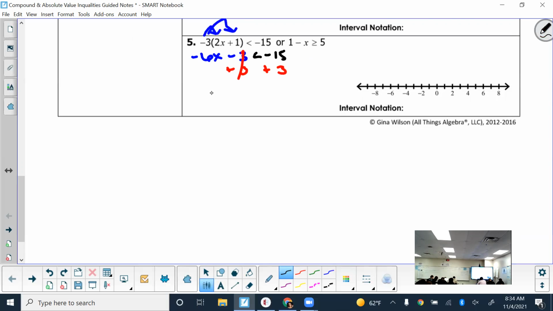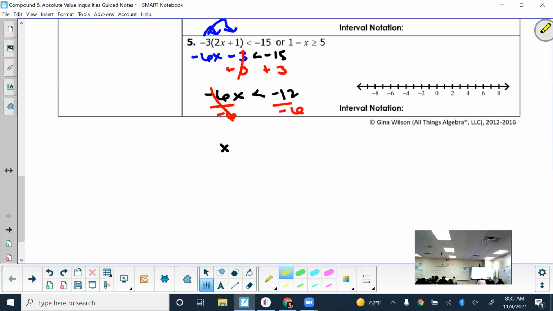On the left, we have -6x. On the right, what do we have? Good. Next step would be, anything significant about that? Good, the sign needs to flip whenever you multiply or divide a negative on each side.